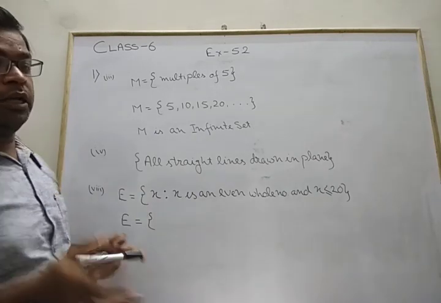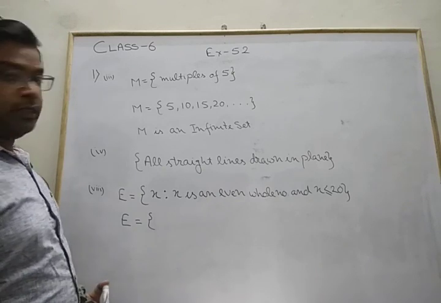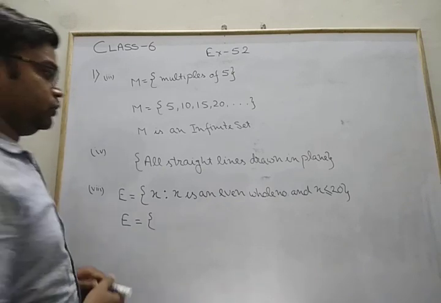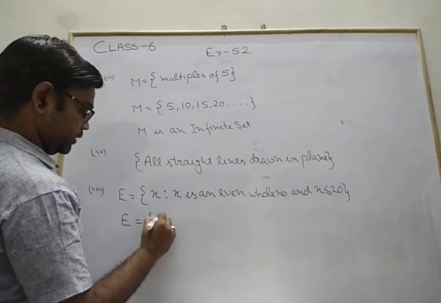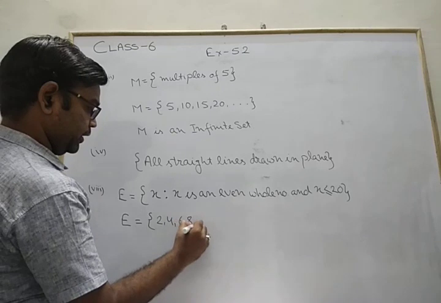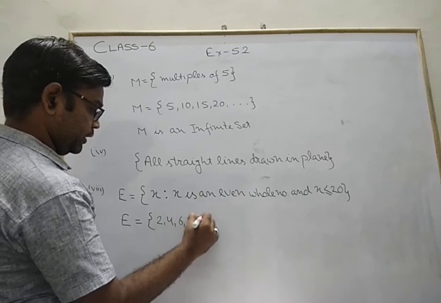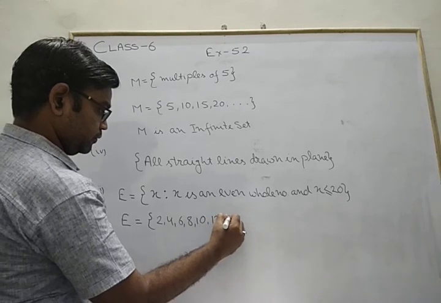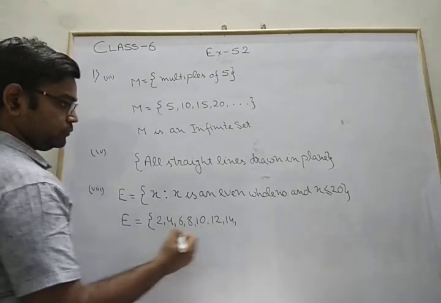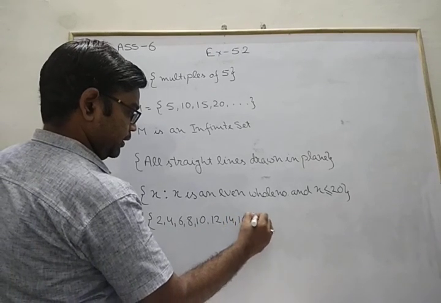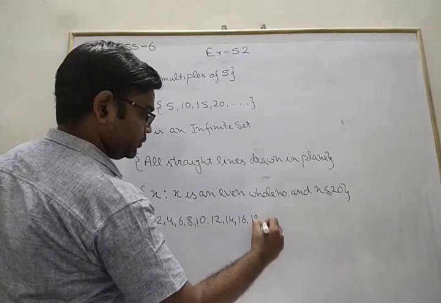As you know, 0 is neither even nor odd. 1 is odd. 2 we can divide by 2. So 2 is also there. Let's say 2, 4, 6, 8, 10, 12, 14, 16, 18, less than or equal to 20.